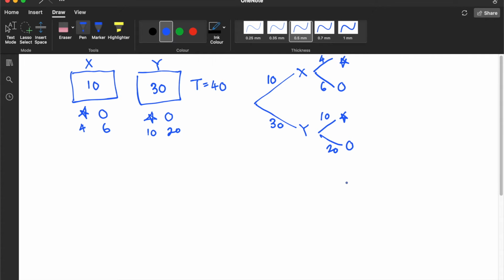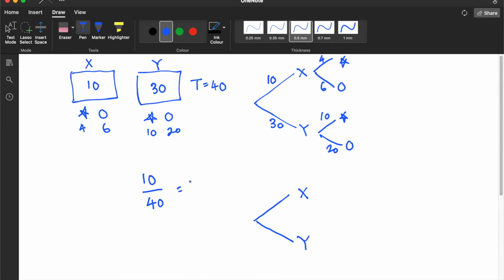Now I'm going to do the same tree diagram, but instead of using numbers, I'm going to use fractions. Let's take a look at the first level branch, X and Y. Instead of putting 10, I'm going to have the fraction of shapes in box X over the total number of shapes for both X and Y, which is 40.